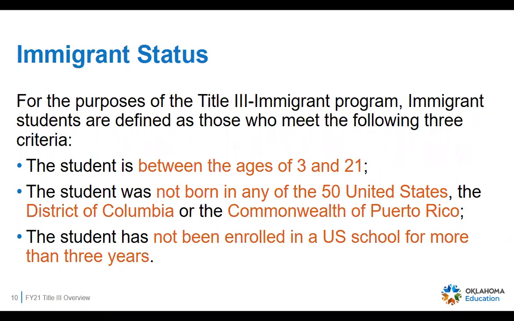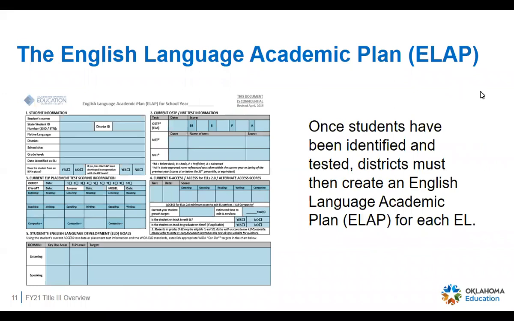Moving on then to our next topic, the English Language Academic Plan, or the ELAP. So this is the next step in the process. You start with the home language survey.